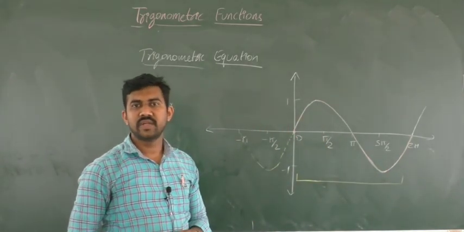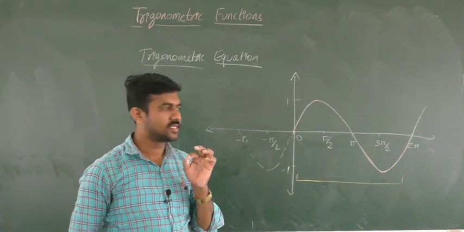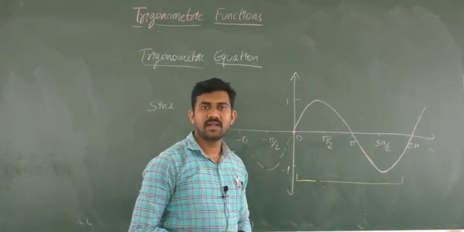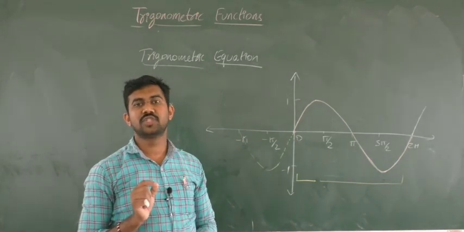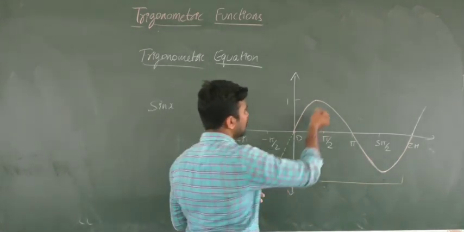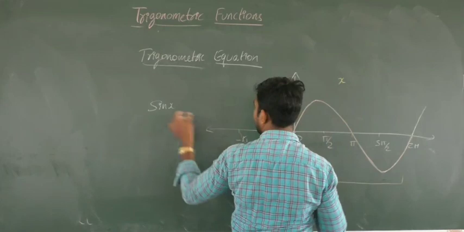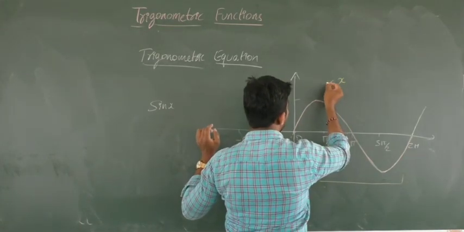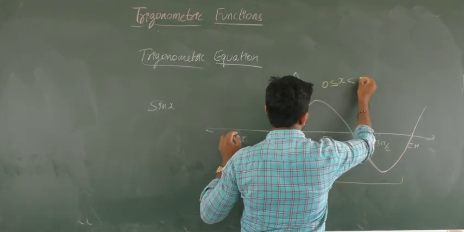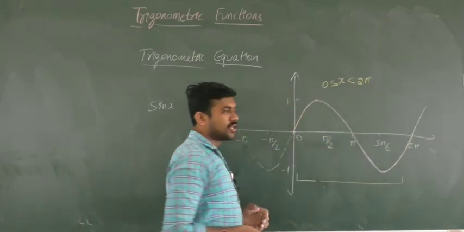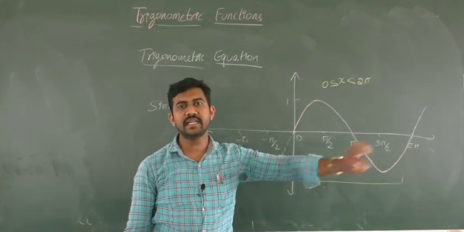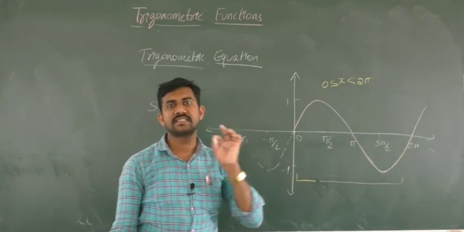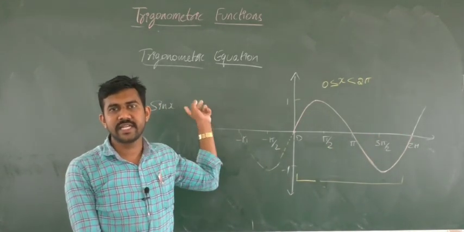The values we get, or the solutions we get, are called the principal solution. Means here if you find the value of x from 0 to 2 pi, after this period it gets repeated, and we can generally get many solutions. That is called the general solution of sin x.